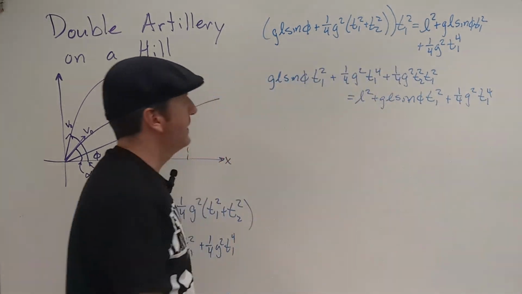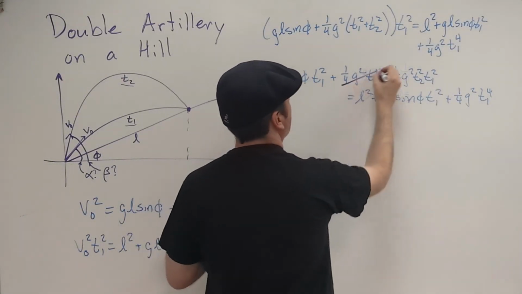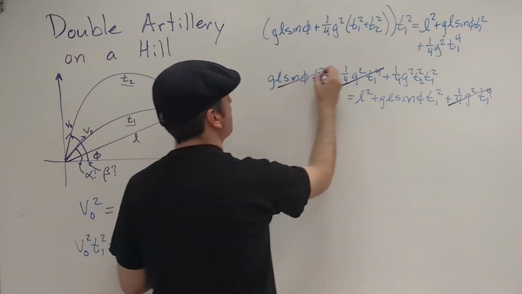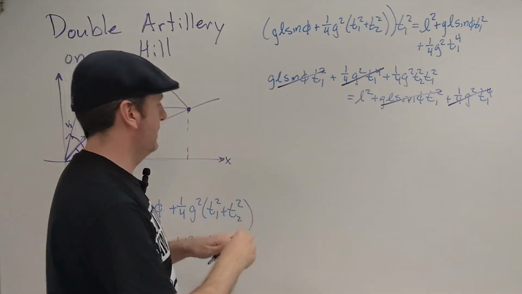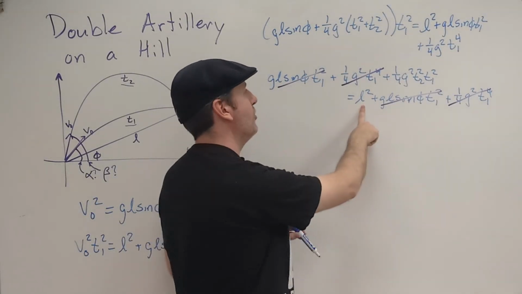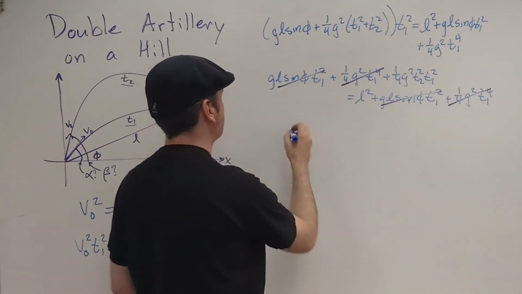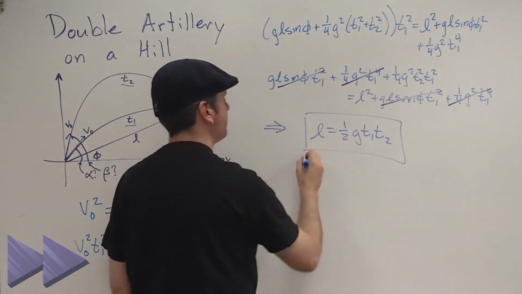Okay, a lot of expanding, but look what happens. This term and this term are the same. This term and this term are the same. I'm only left with an L right here, and everything here is a square. Oh, how nice is that?